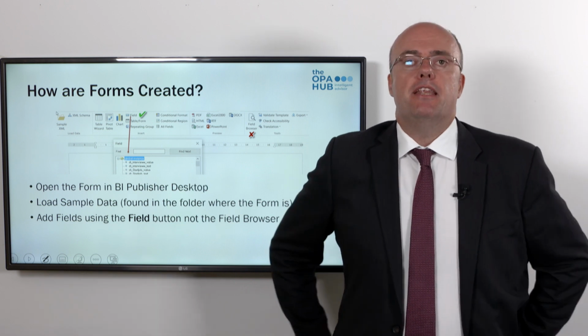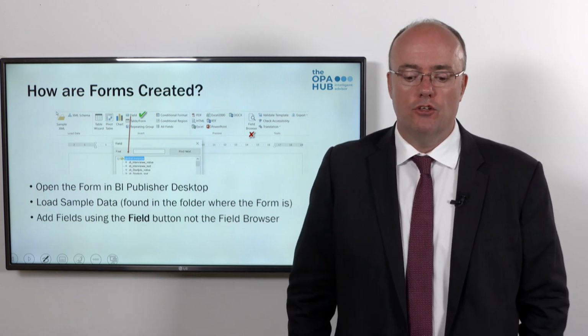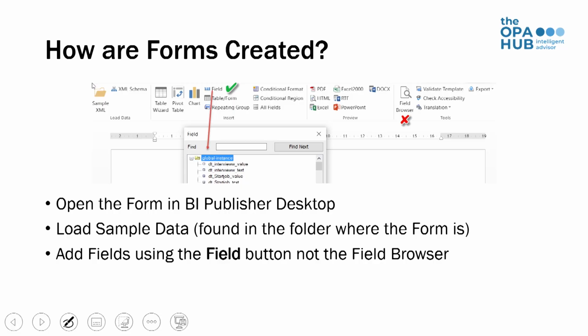So, now we come on to the mechanics of actually writing the form, or writing the document. You'll notice if you're eagle-eyed that this is a screenshot from Microsoft Word. So I went down the RTF route for this screenshot, and we're using a tool called BI Publisher Desktop.